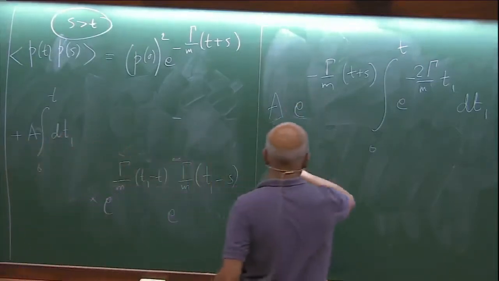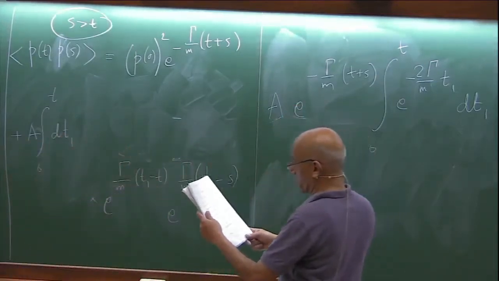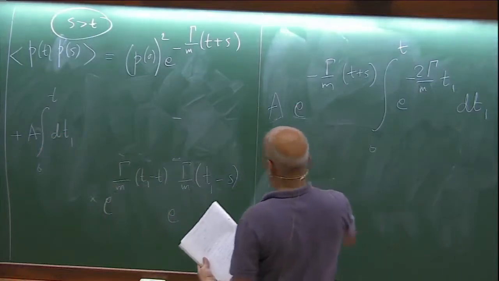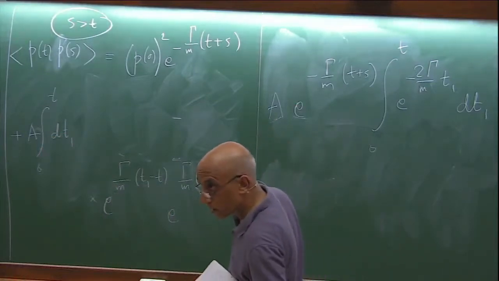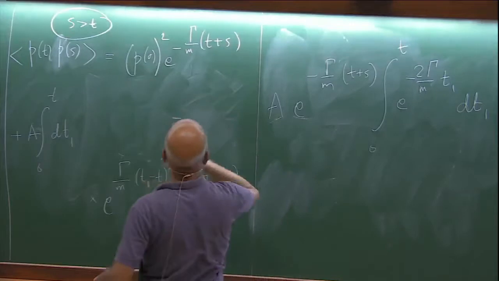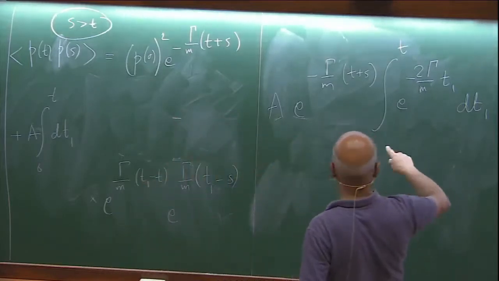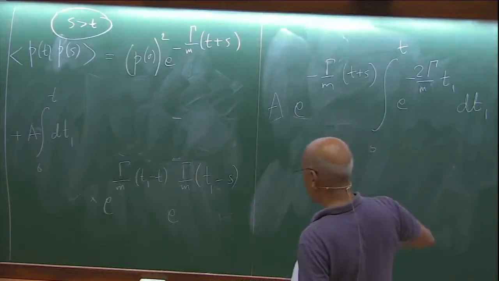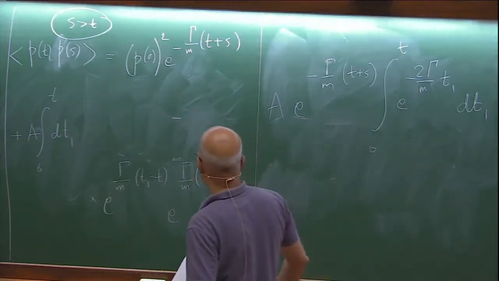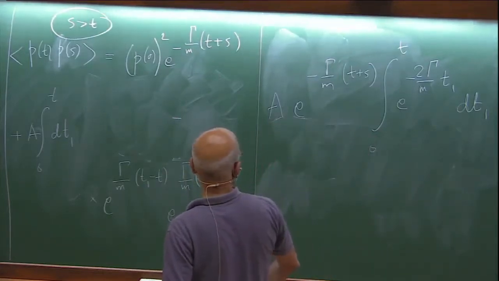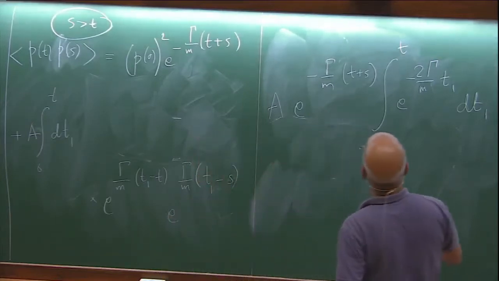So anyway, now I think I will leave the rest of doing the integral to you guys. Yeah, so I've done it for s bigger than t; clearly if it's for t bigger than s, I'll get the opposite. So eventually what I will get, I'm missing an s somewhere. Oh, it's here, it's fine.